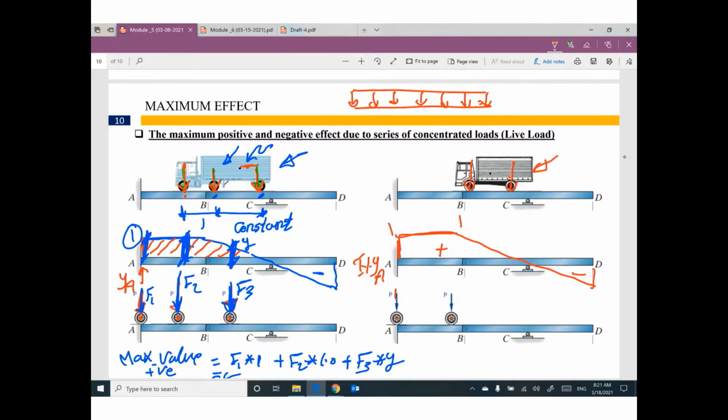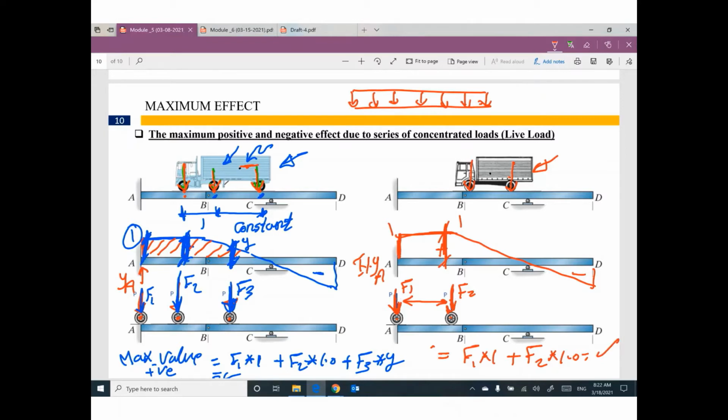I will put the first wheel here, and we have fixed distance, so the second wheel will be here. So if you would like to get the maximum positive effect of reaction YA, it will be F1 times 1 plus F2 times this value, which will be 1 also. So I can get the value.